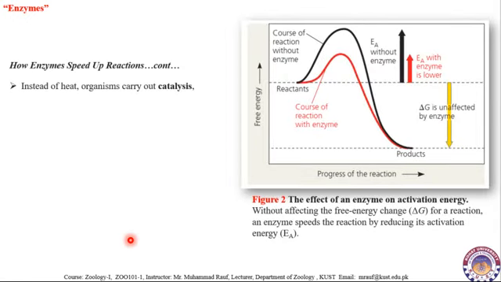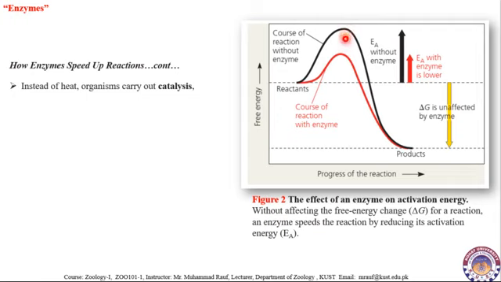Now here you can see the reactants must be converted into products, and those reactants must be provided with an activation energy so that they can be brought to a transition stage where it is more feasible to break their bonds. Now it is difficult to provide them with that amount of heat energy because it is harmful for the cell.